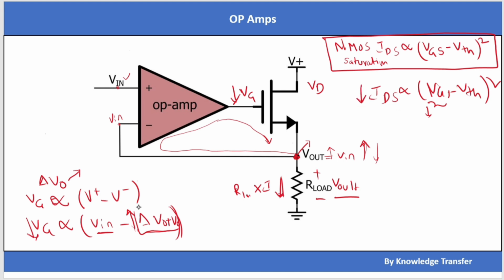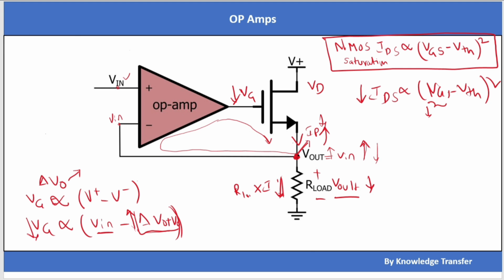So the flowing current Id got reduced, and so V out got reduced. That means the system is responding exactly opposite to the disturbance. So this is a negative feedback system and a stable system.